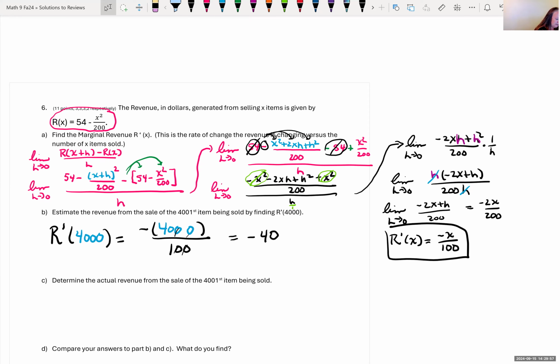To determine the actual cost of the 4,001st item, we are going to look at our revenue function, which is what we were given up here. And we're looking at the revenue of the 4,001st item minus the revenue of making the 4,000th item.